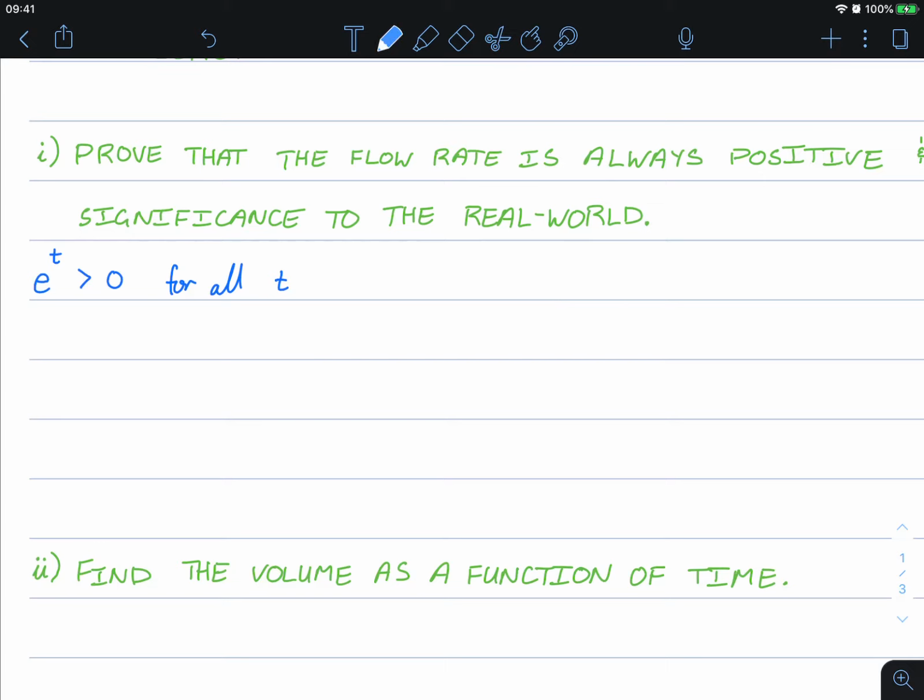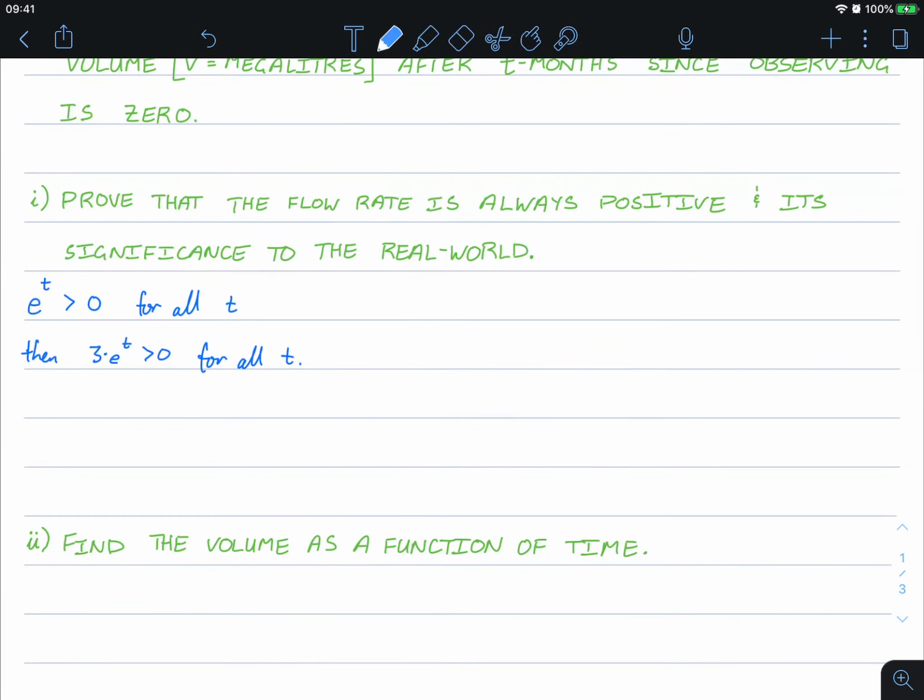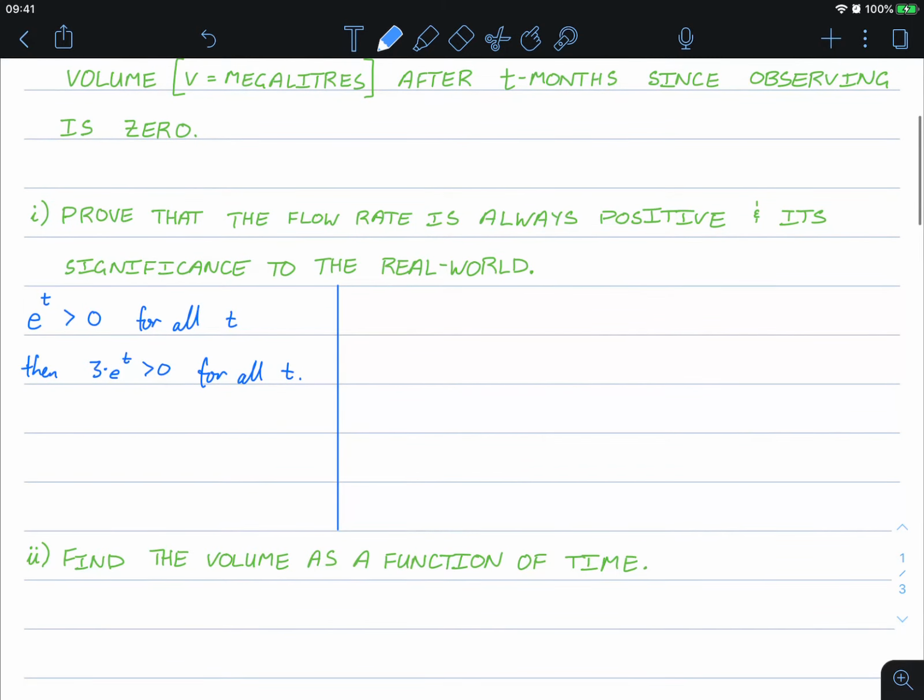Since this is always greater than 0 for all t, then 3 times e to the power of t is greater than 0 for all t as well. And there we go. What does this mean for the real world?